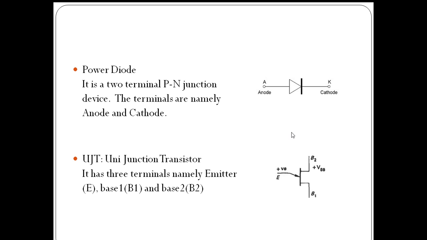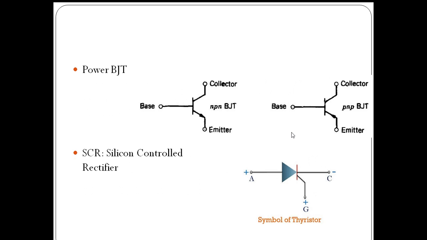Symbols of power diode and UJT. Symbols of power BJT and SCR, silicon controlled rectifier. We will discuss the construction and working of these devices in detail in the next classes.